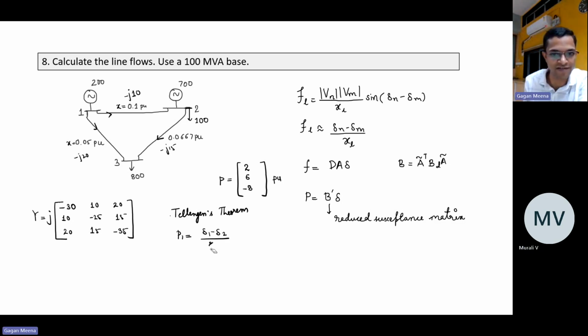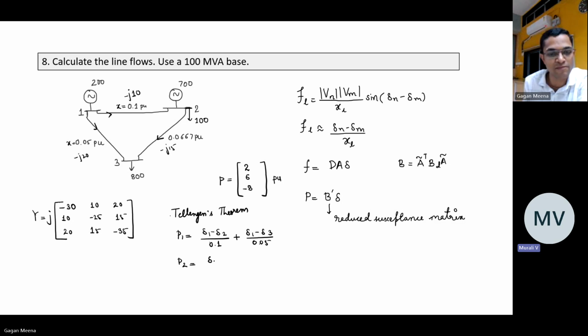Sorry, no j. J is not required here. This is simply 0.1. And then plus delta 1 minus delta 3 by 0.05.